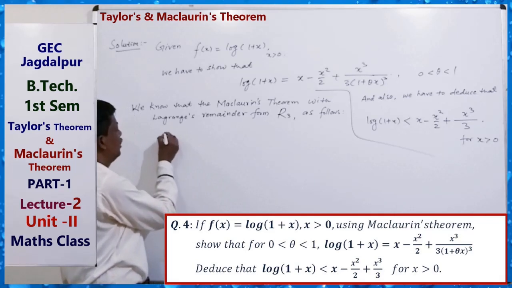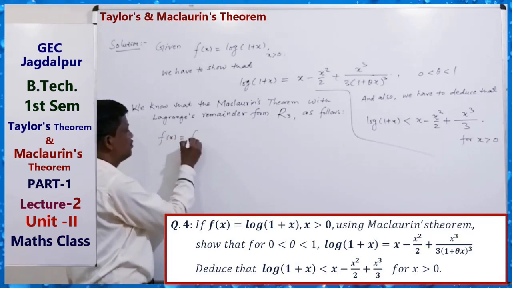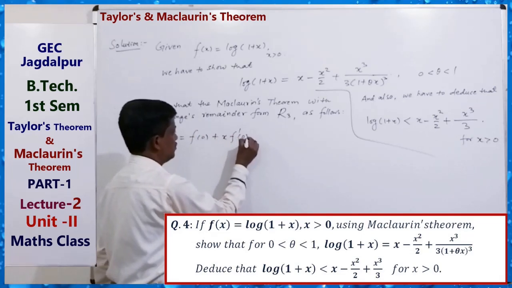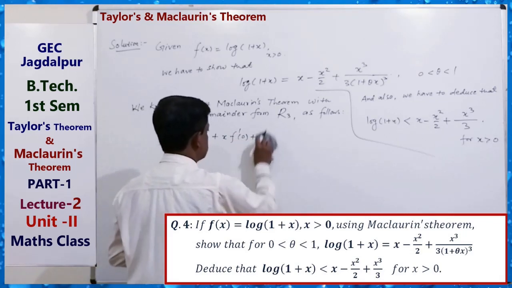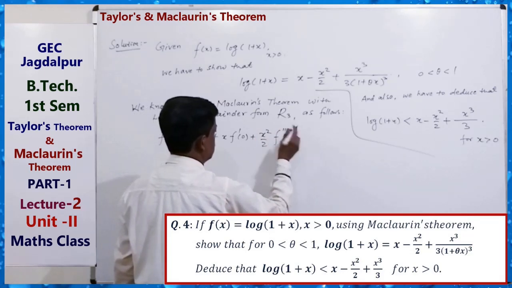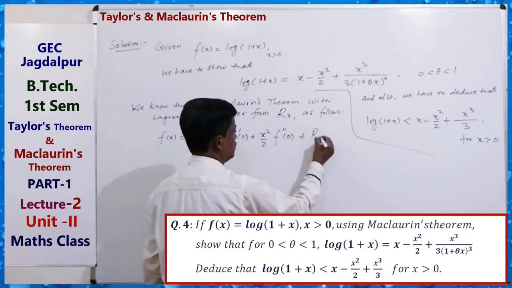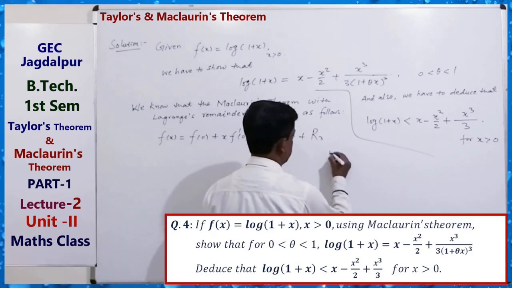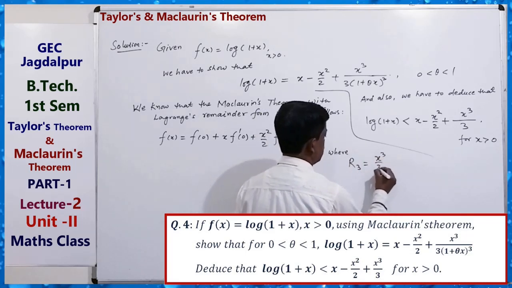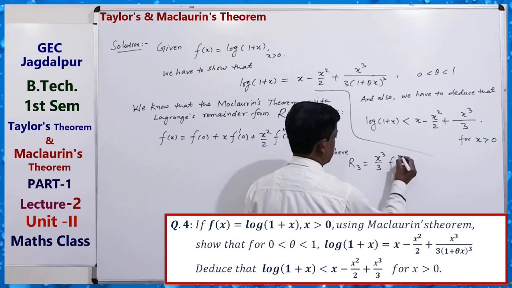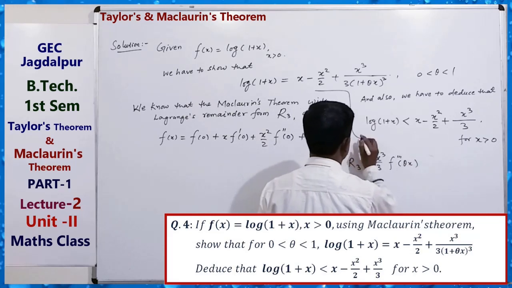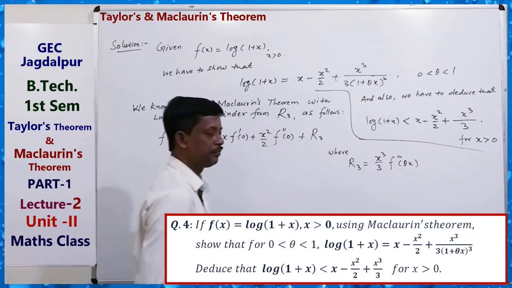Maclaurin's theorem: f(x) equals f(0) plus x f'(0) plus x square by 2 f''(0), then R3 is there, where R3 equals x cube by 3 factorial f'''(theta x).